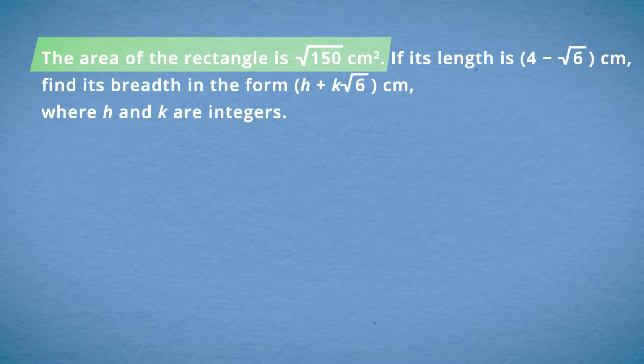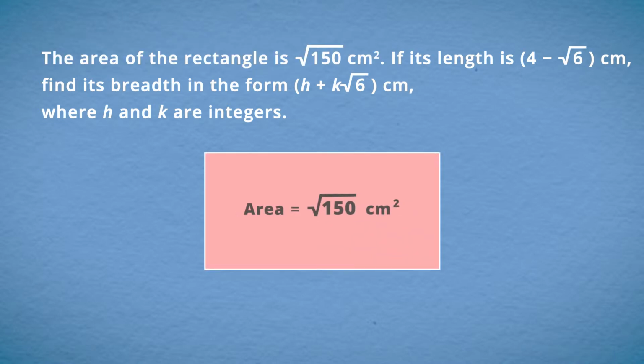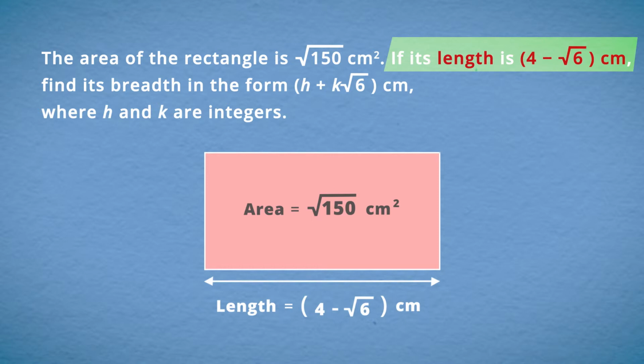This means that we are talking about a rectangle with this area. Next, it says if its length is 4 minus square root of 6 centimeters, do you know what it implies? Yes, it tells us that this is the length of the rectangle. Notice that so far we are given information about the area and length of this rectangle.